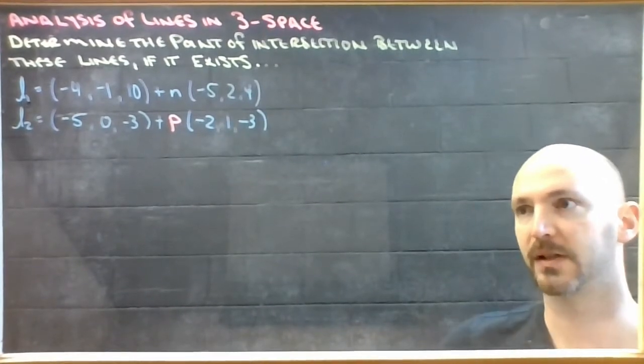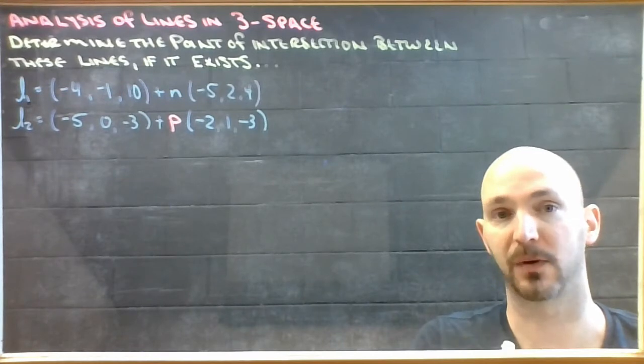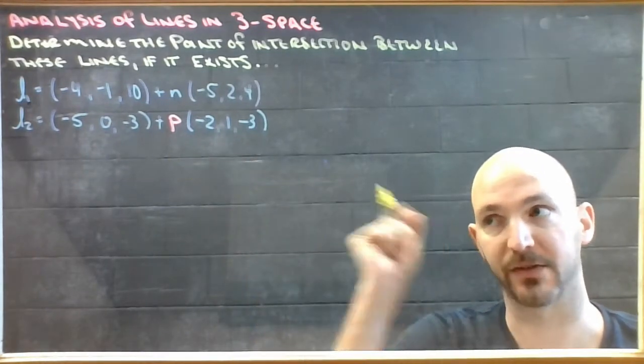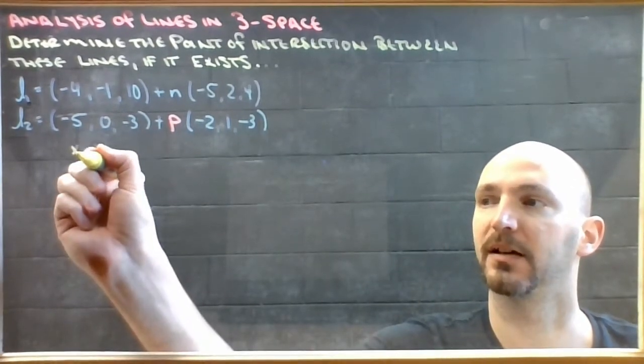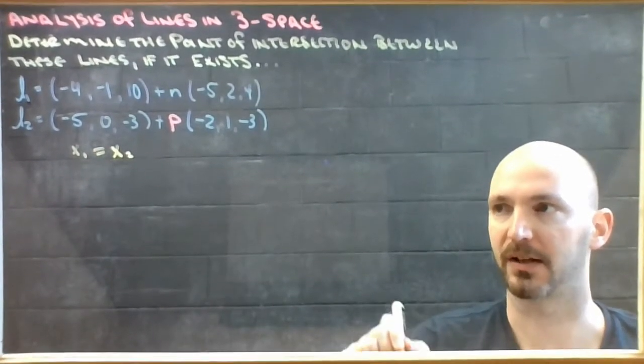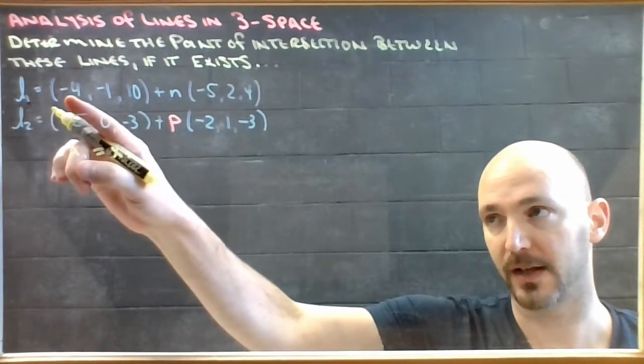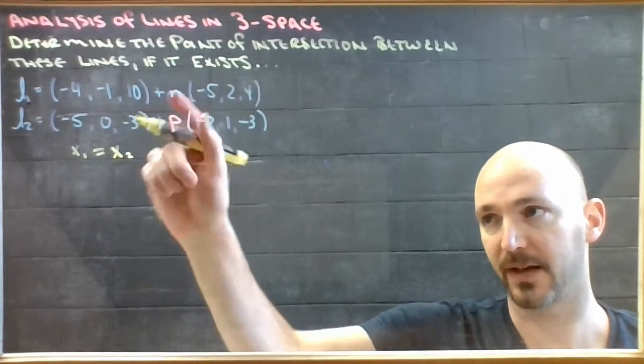Alright, so continuing from there, at the point of intersection, the x-coordinates of these two lines have to match. So the x-coordinates of line 1 have to match the x-coordinates of line 2. So the x-coordinates for line 1 are -4 minus 5n's.